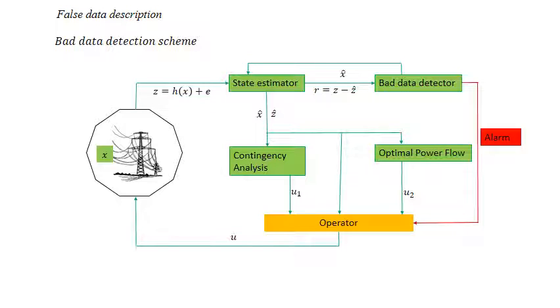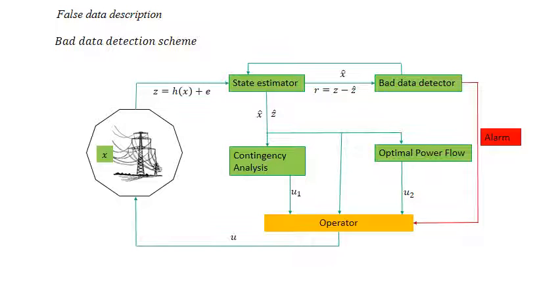We compare these values with the actual measurements and obtain a residual that is verified against a certain threshold in the bad data detector. If it passes, we go to the next phases.